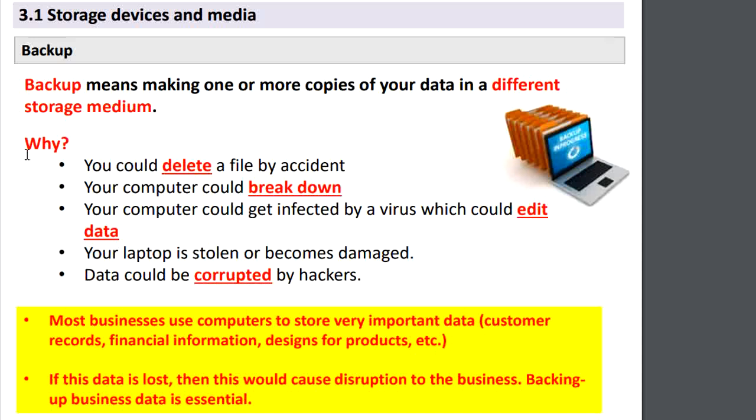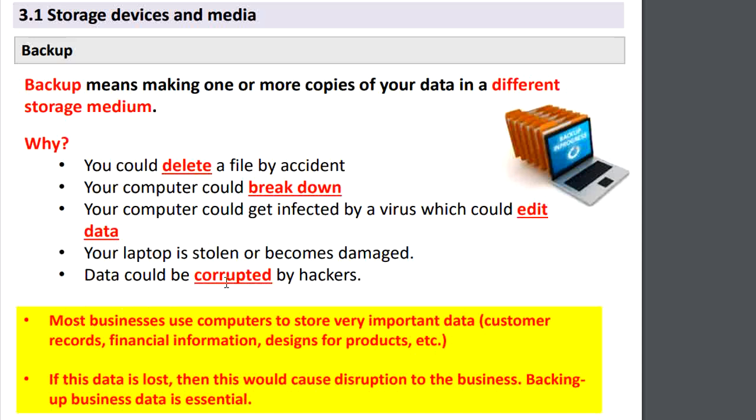Why do we need a backup? You could delete a file by accident. Your computer could break down. It's not working, your hard disk has a bad sector, and so on. Your computer could get infected by a virus which could edit data or delete them. Your laptop is stolen or it may be damaged.